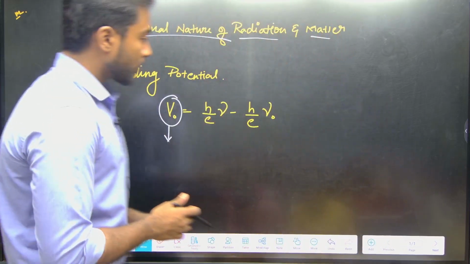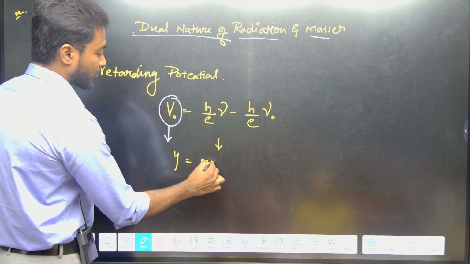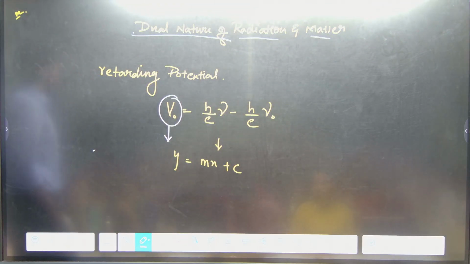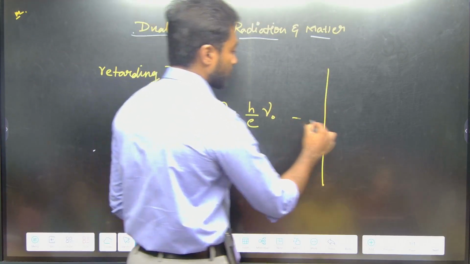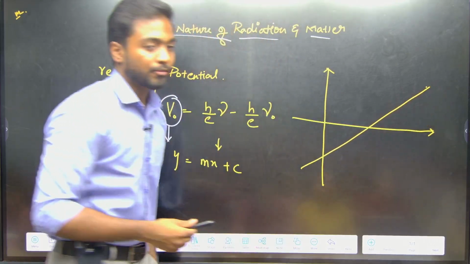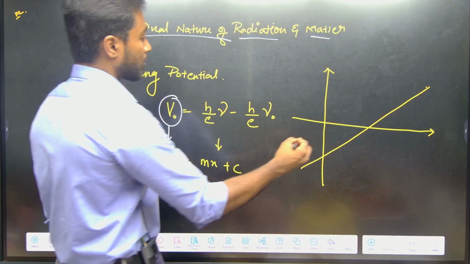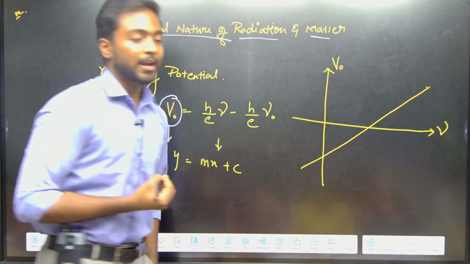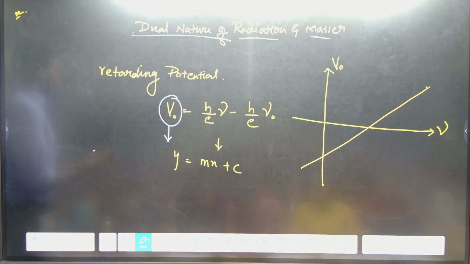If I talk about the graph, it is looking like y equals mx plus c. This is my graph, take down. It's between frequency and the retarding potential.